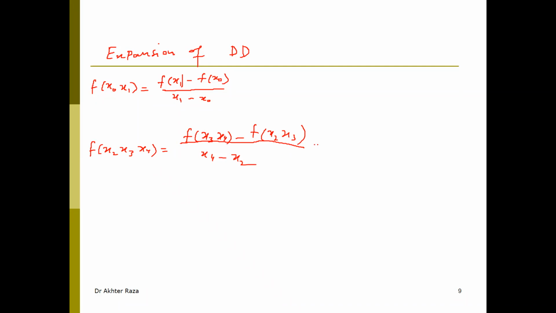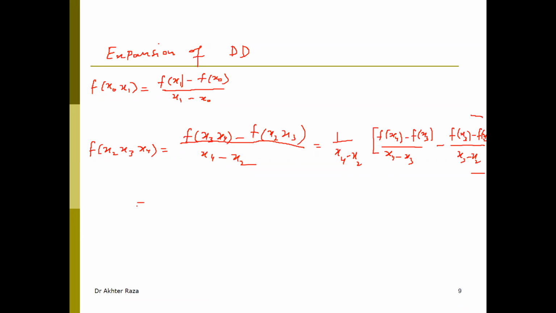This can be further subdivided by x4 minus x2 in the bracket. f[x3, x4] can be represented by f(x4) minus f(x3) divided by x4 minus x3, minus, this is f(x3) minus f(x2) divided by x3 minus x2, and a square bracket there.